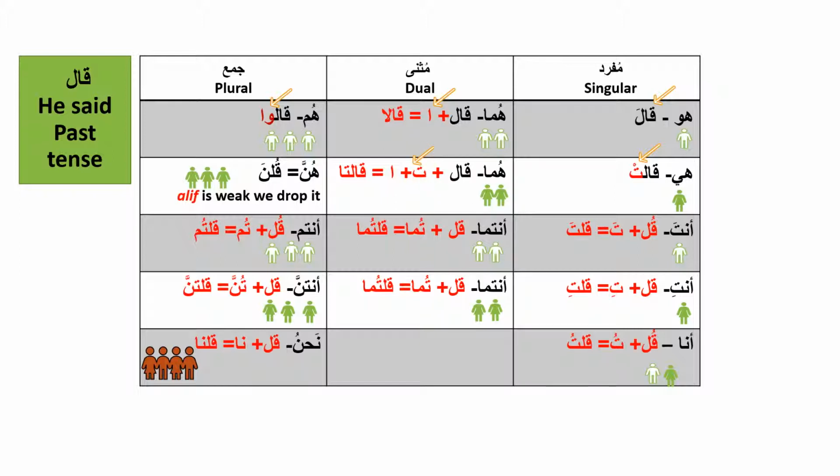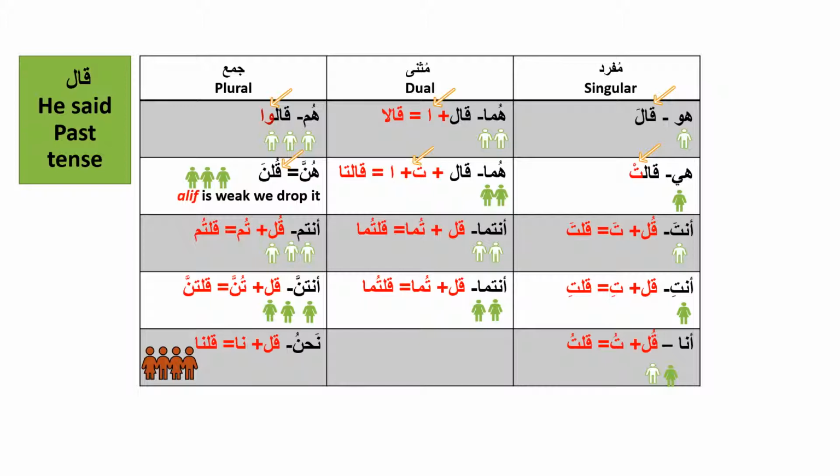For هما, dual noun, we say قالتا, two female. For هن, here we start changing. As I said, ألف is weak. So from here, we start dropping ألف. Sometimes you just have to memorize all these verbs, especially الفعل الأجوف, or sometimes you just follow these rules.